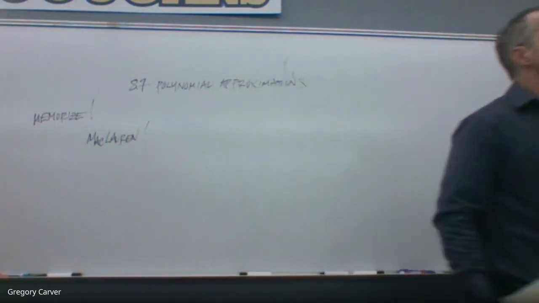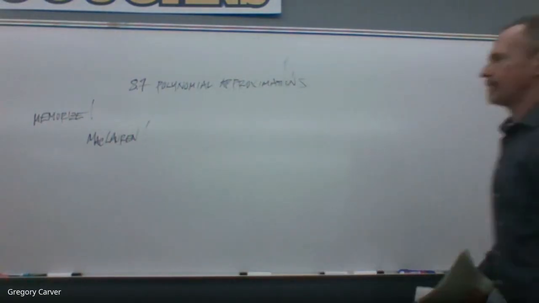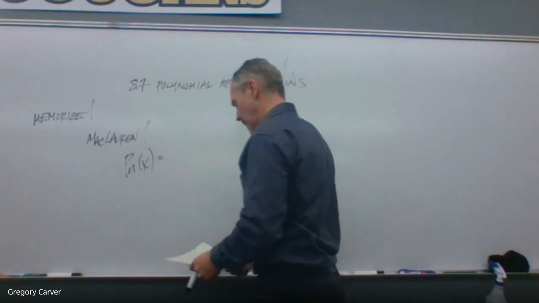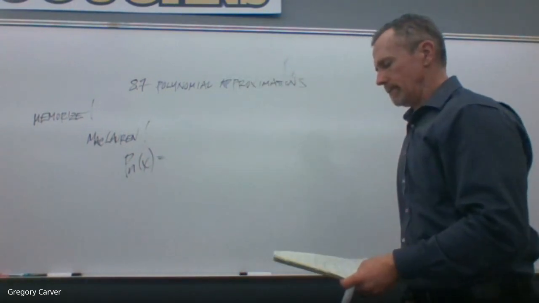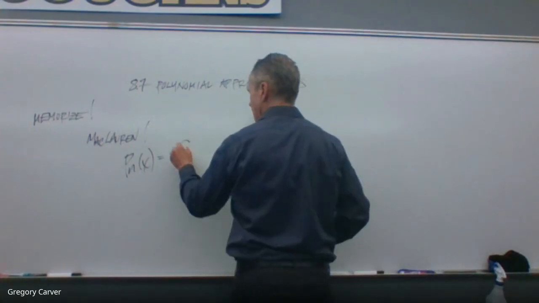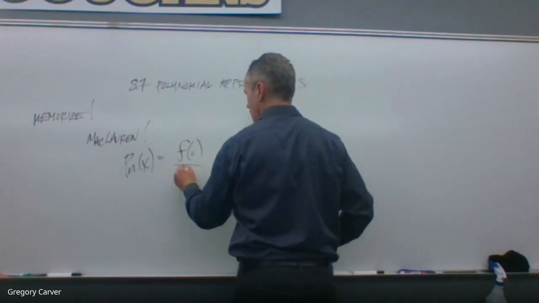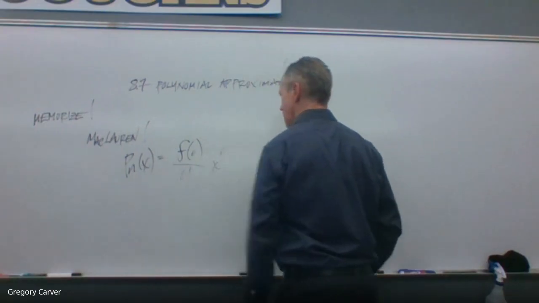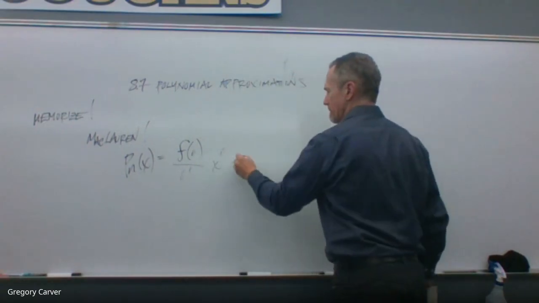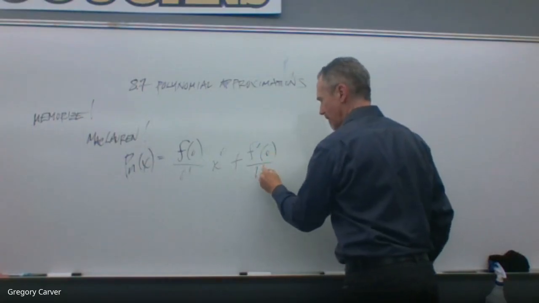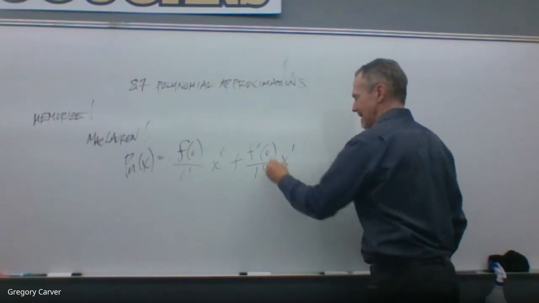Maclaurin polynomial, p sub n of x, is going to be f of 0 over 0 factorial times x to the 0 plus f prime of 0 over 1 factorial x to the first.